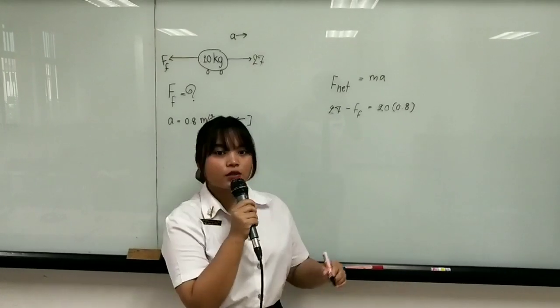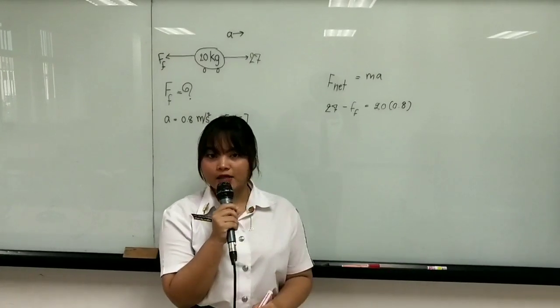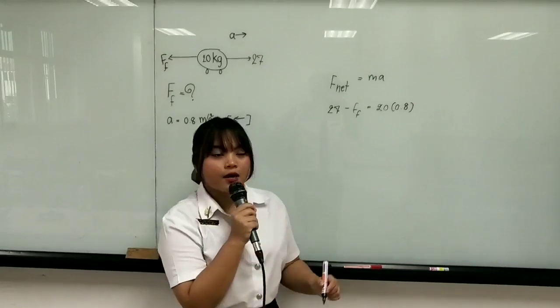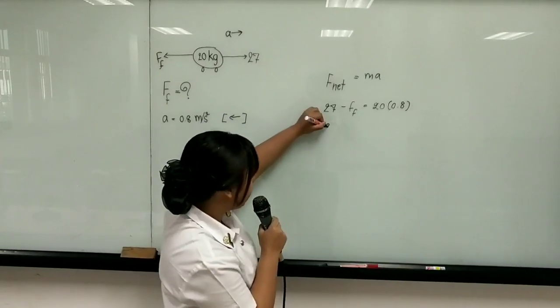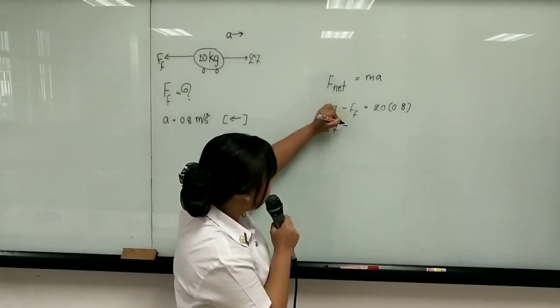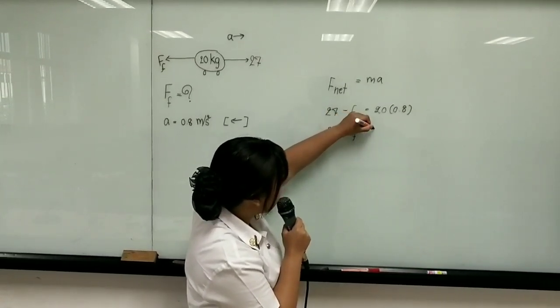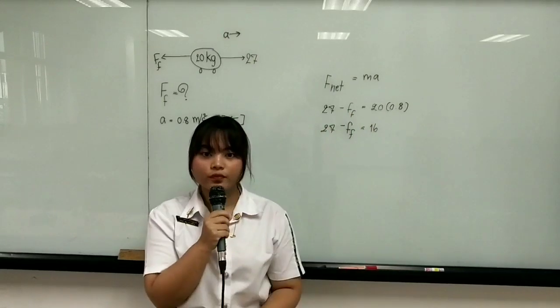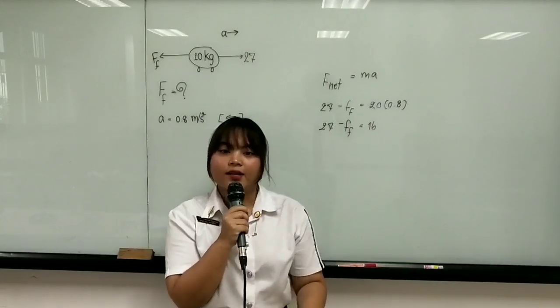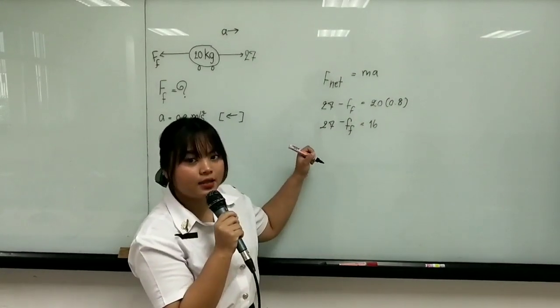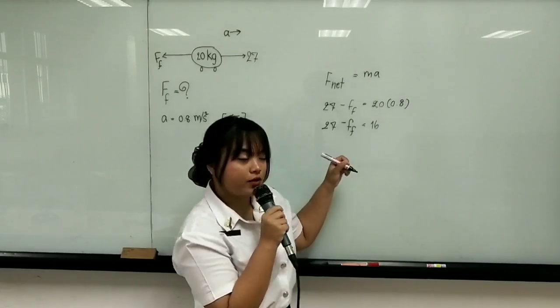I write 27 minus force of friction equals 16. So I rewrite 27 minus 16 equals force of friction.